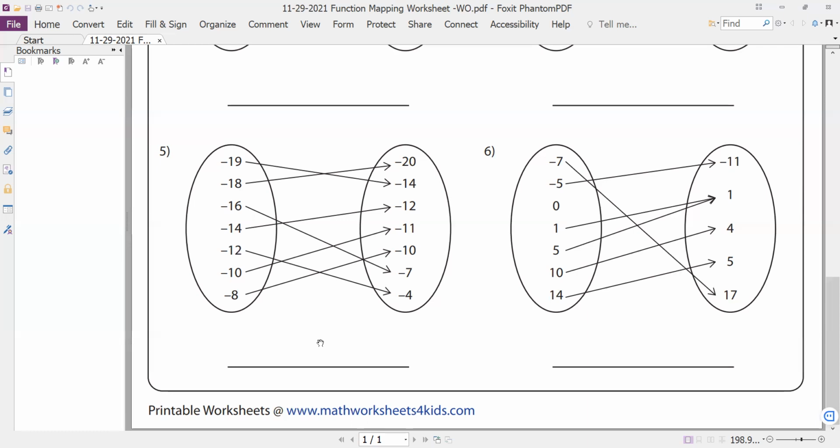Which is okay. But remember when I gave you the rules, I said every input must map to an output. So what number over here doesn't map to anything? Chastity, what number in the input does not map to anything?